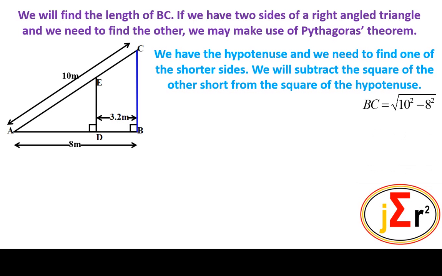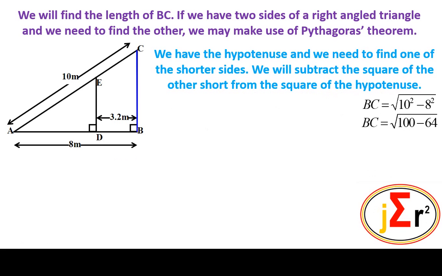BC is therefore equal to the square root of the square of the hypotenuse, subtract the square of the other short side. The hypotenuse goes there, and we see the other short side is 8 meters.